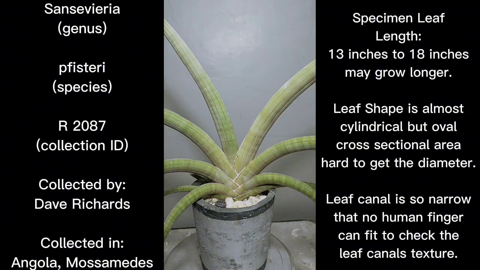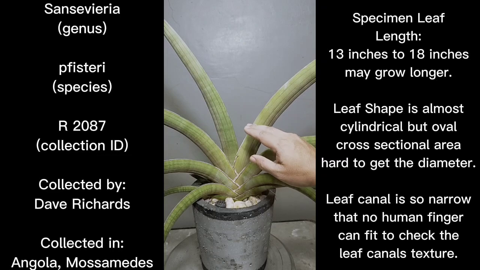So I can't accurately measure it because like I said, if you cut it right here and you measure the diameter, you'd have two diameters, so not exactly a full circle or cylindrical shape, where you can get the diameter easily.